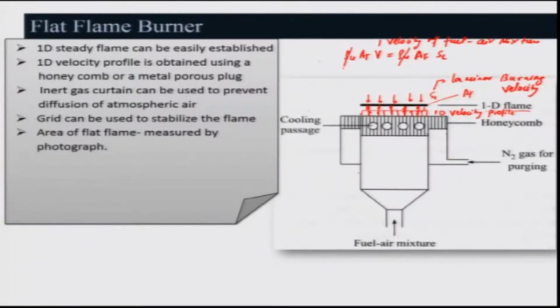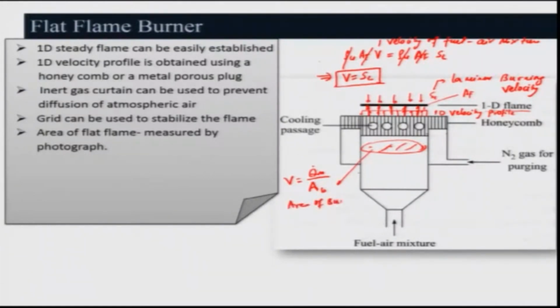So rho_u and A_f cancel out, and you get V equal to S_L. It is a very simple method by which you can get the velocity easily, because you know the mass flow rate of the fuel air mixture. V is basically the volumetric flow rate of the mixture, Q dot M, divided by A, the area of the burner.